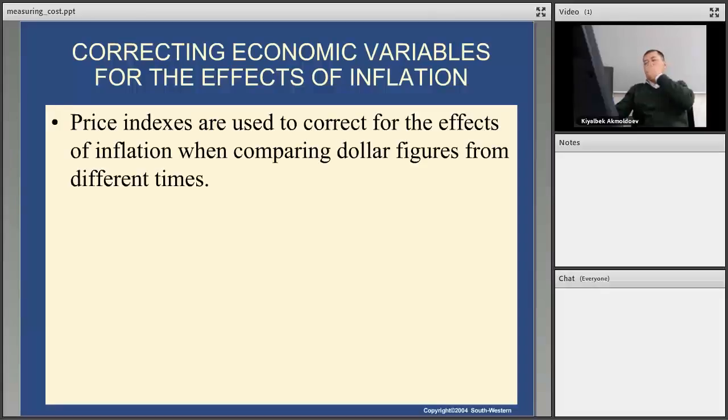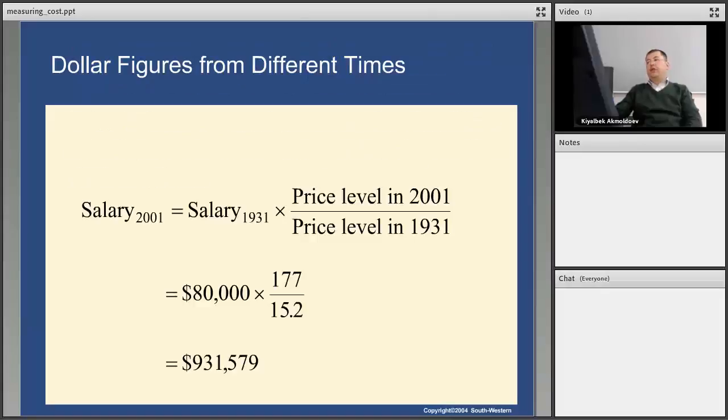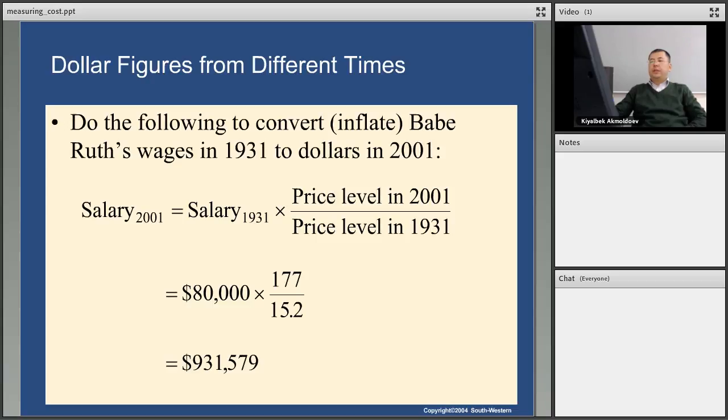Price indexes are used to correct for the effects of inflation when comparing dollar figures from different times. So the salary in year T equals the salary in year T times the price level in the base year, 2001, over the price level in that year, that is, current year multiplied by base year, and here we go.